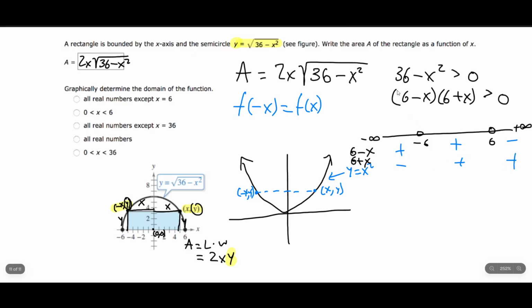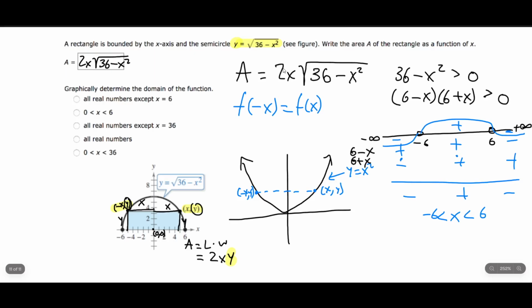So negative times positive times negative is negative, positive times positive is positive, negative times positive is negative, so it'll be negative, positive, negative. So the area will be greater than 0. So x is greater than negative 6 and less than 6.